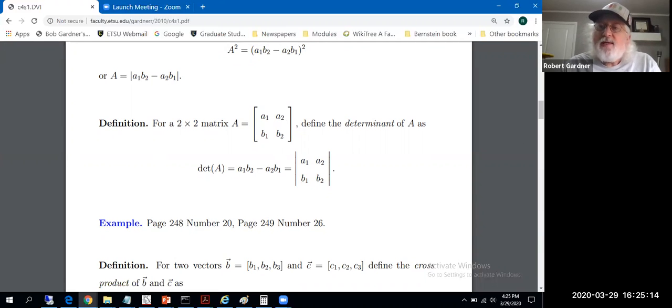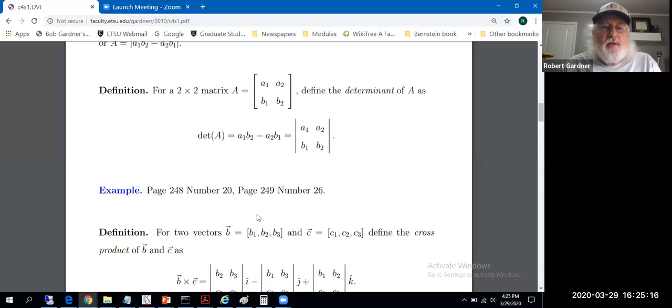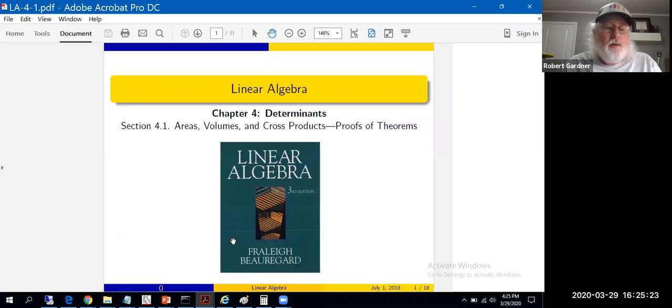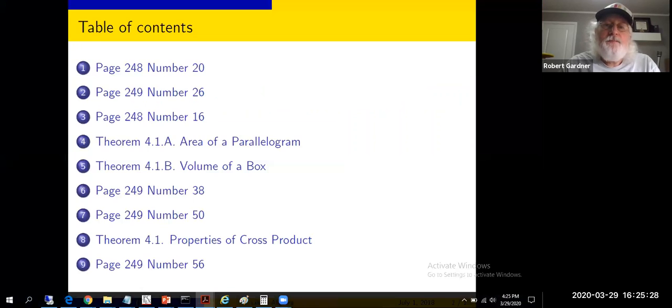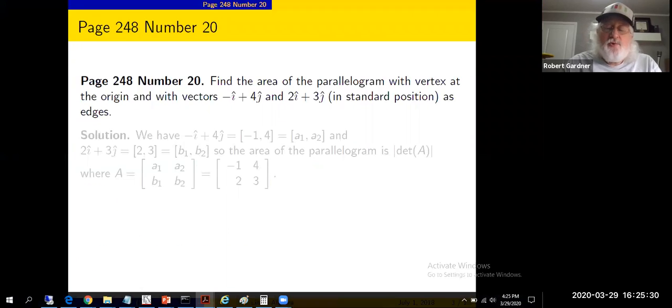So let's illustrate exactly that in 4.1, number 20. The instructions are: find the area of the parallelogram with vertex at the origin and with vectors -i plus 4j and 2i plus 3j in standard position as edges.